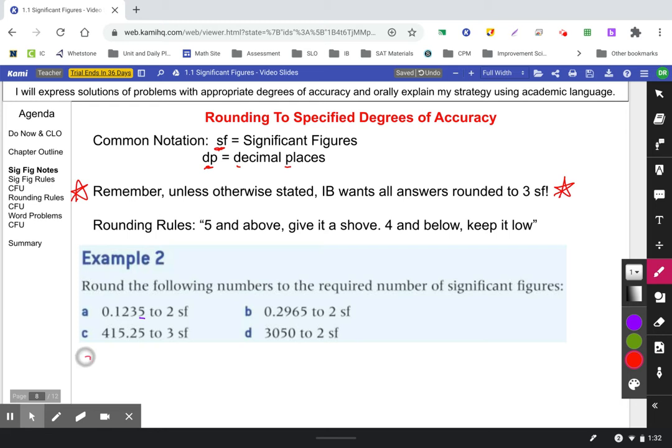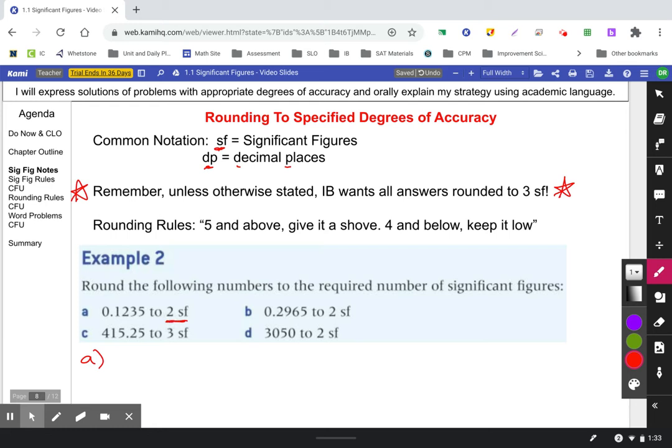For part A, we've got the number 0.1235. I'm not sure where this mark is coming from. Let's get rid of it. Now, you can see they're wanting us to round to 2 significant figures. So what I always recommend that you do is identify the first number of sig figs or decimal points or whatever that they're asking for.